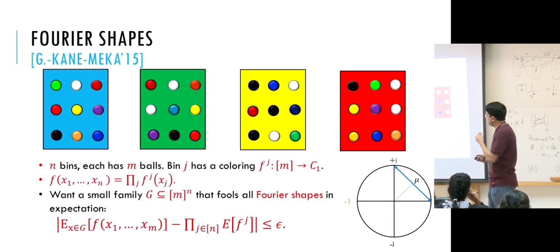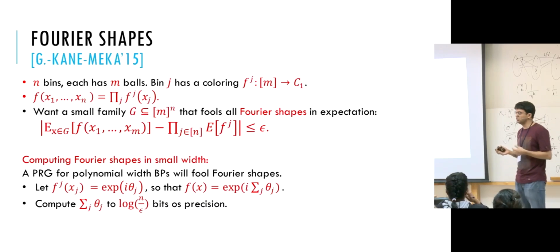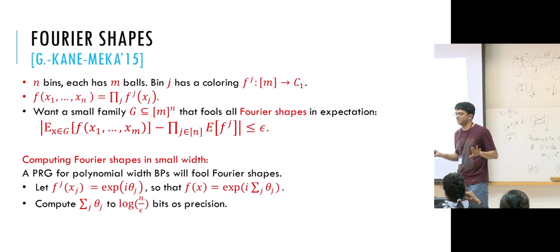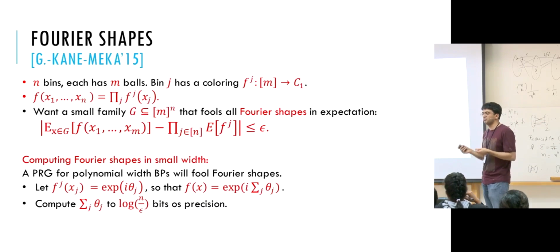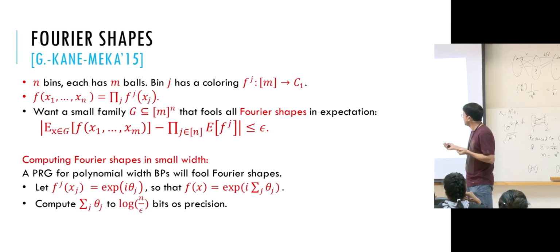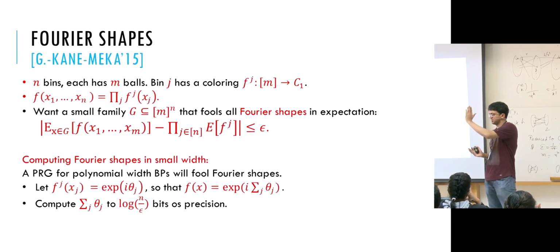Okay. Why would you want to do something like this? Well, firstly, this is a class of functions you need to fool if you're going to fool all of RL, right? These things can be computed using fairly small width branching programs, and this is not very surprising. What you do is just think of each of these colors as, let's just say they actually have norm 1.